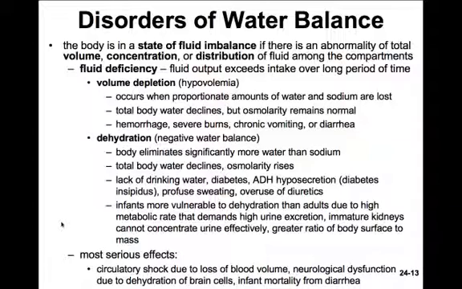In the most serious effects of dehydration, we'll see circulatory shock, which results in neurological dysfunction due to dehydration of the brain cells. And dehydration is a very severe cause of infant mortality because of diarrhea.